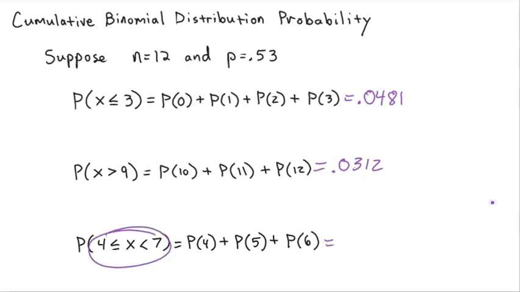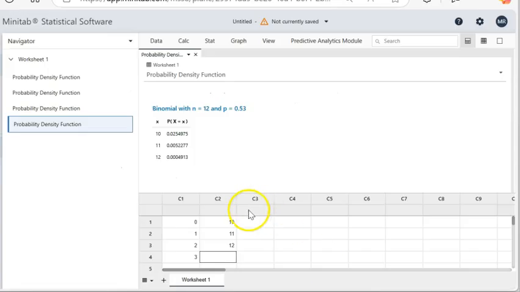So this is asking for us to identify the probability of 4, 5, 6, and not 7. Okay, so 4, 5, and 6. Okay, so we can go back to Minitab, and in C3 we can put in 4 and 5 and 6.